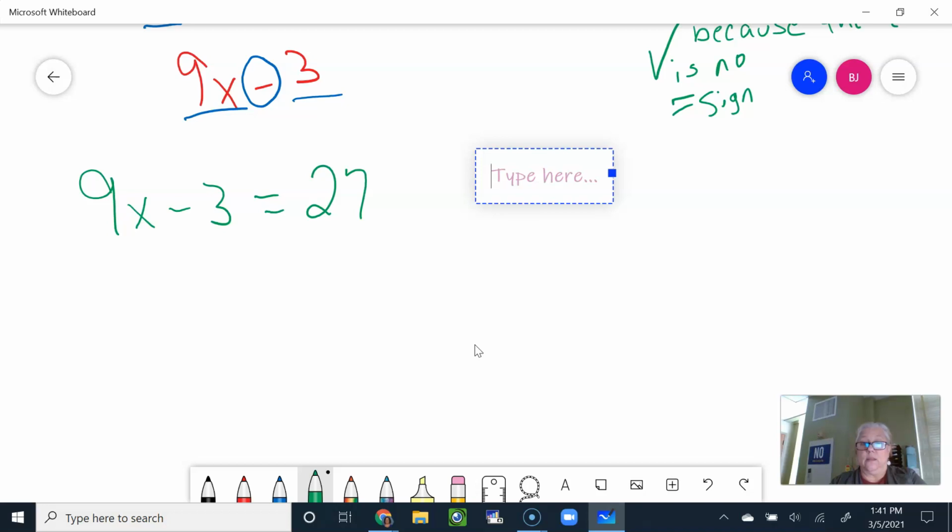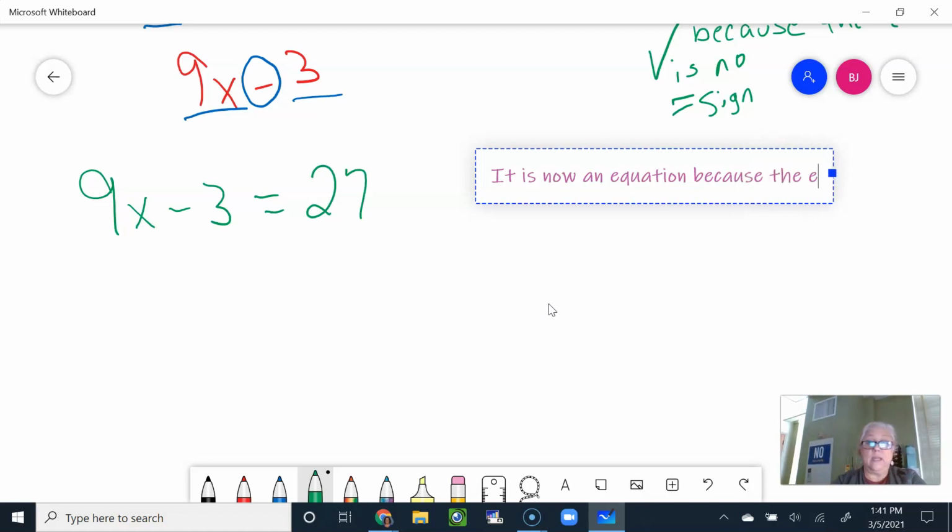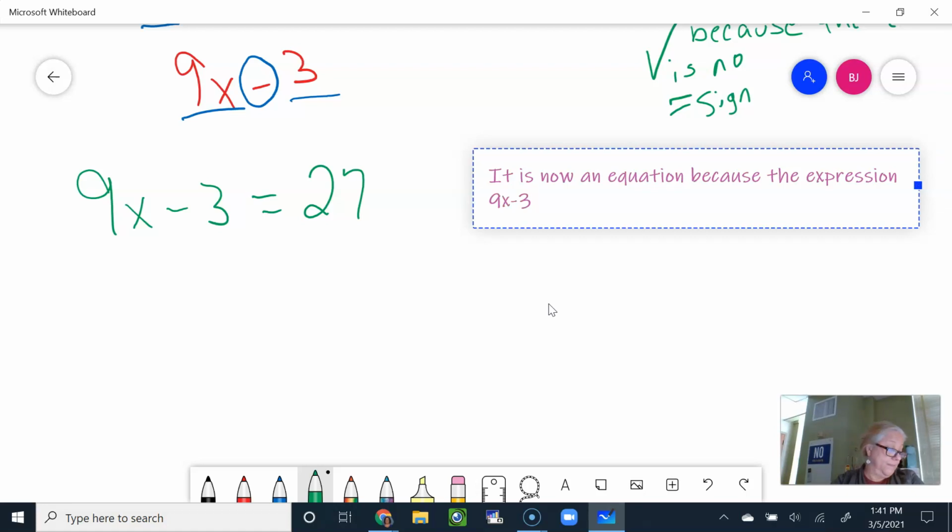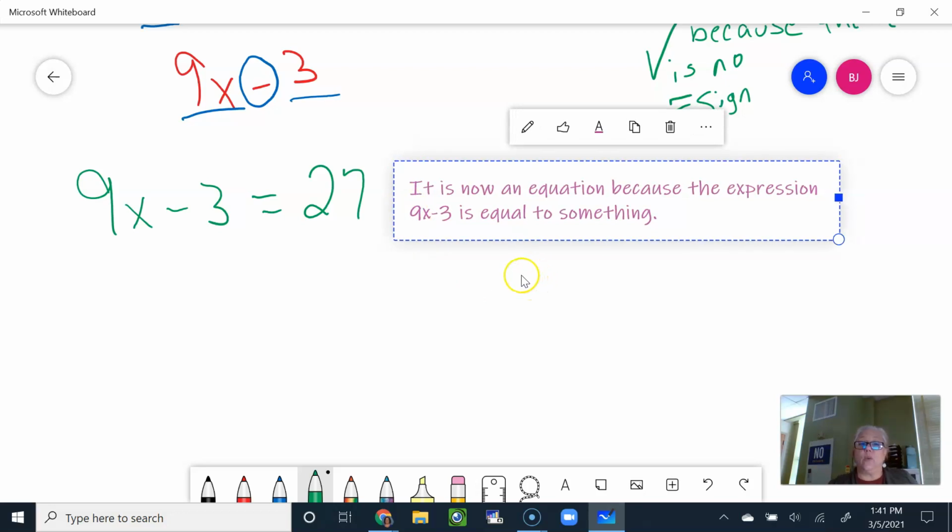Well, it is now an equation because the expression 9x minus 3 is equal to something. That is why it is now an equation.